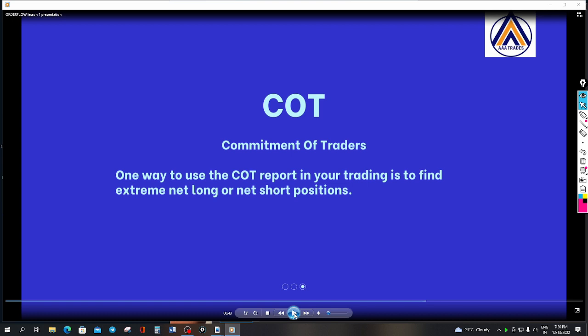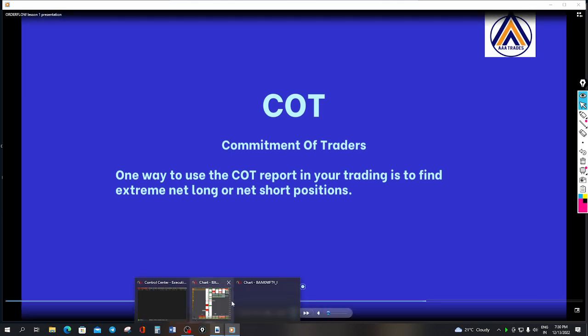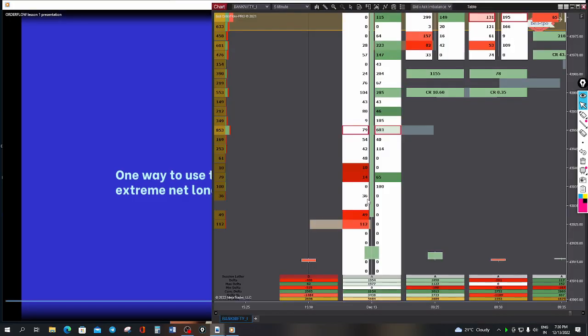I will tell you how to find these in our coming classes. These are fresh short positions, these are fresh buy positions. This shade, this color, is indicating fresh long positions.